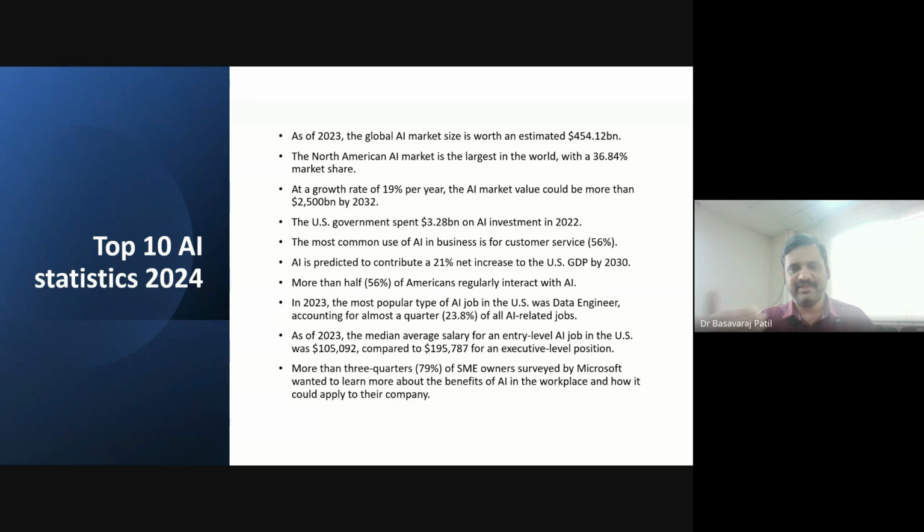For example, if you consider the North America AI market, it is the largest in the world. Compared to all other countries, North America is more involved. 36% of the total share is from North America. And with 19% growth per year, by 2032 the AI market value will be 2,500 billion.